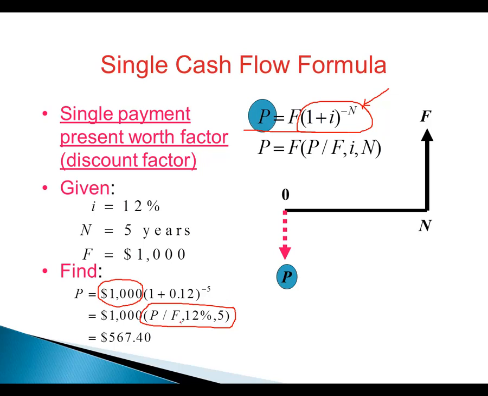And if you look at the table, again, you will find that with 12% and 5 number of periods, the factor is 0.5674. Multiply that by 1,000, you will get 567.40 cents.